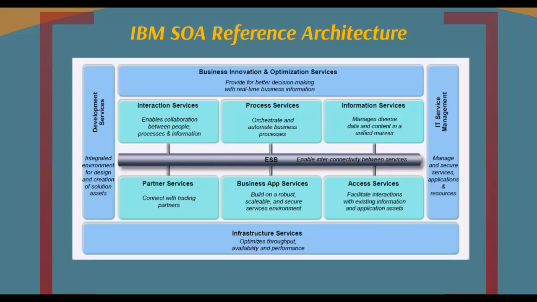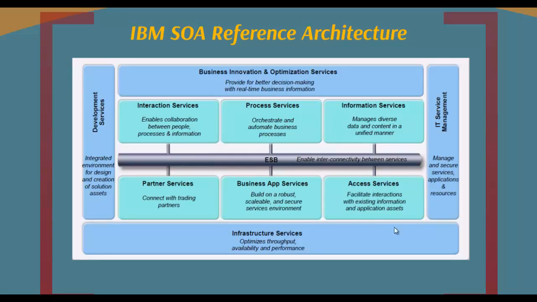This is the overall SOA reference architecture, and you can see that at the bottom is infrastructure service. Infrastructure service underlies all of the services, without which the existence of other services is not possible. There are 6 core services that you can find in here.